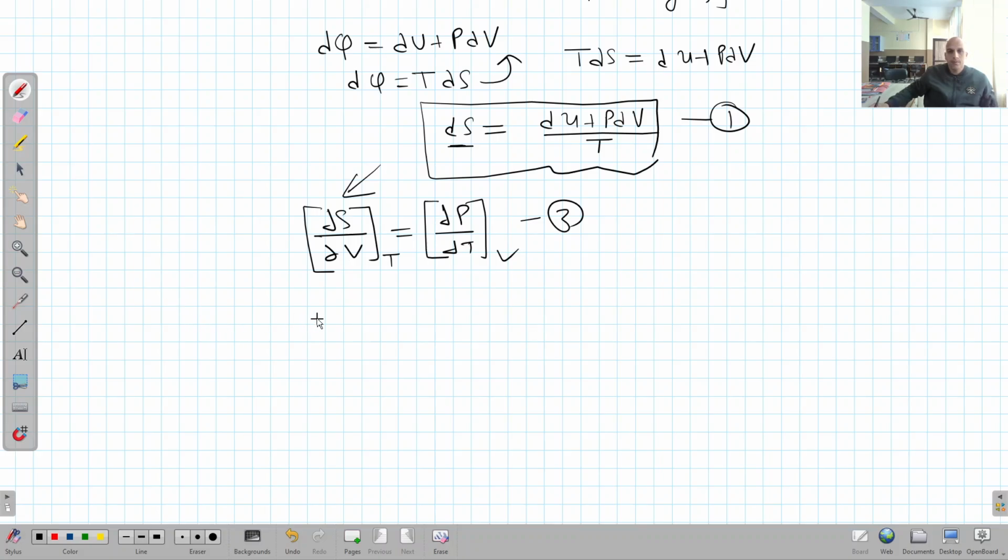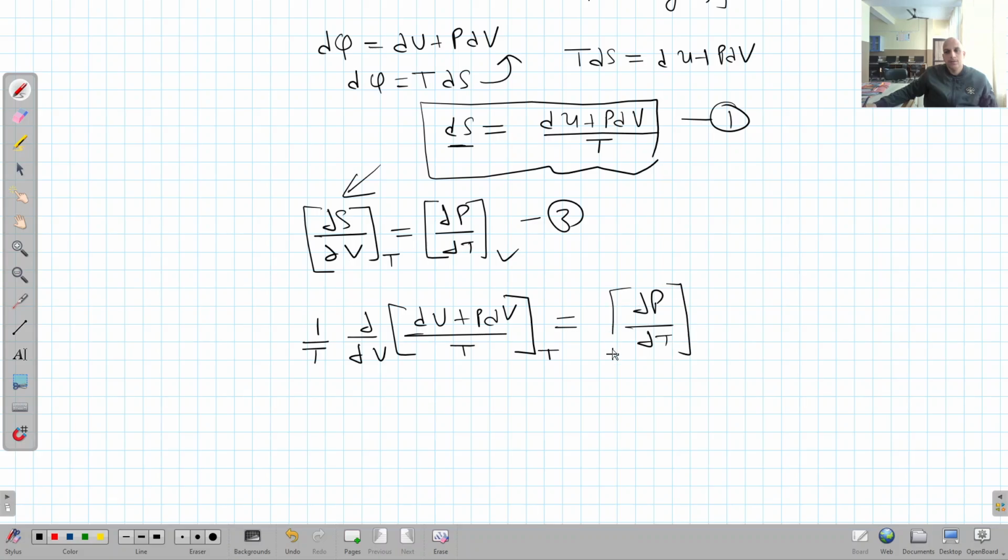It will become 1 upon T, which I'm taking outside because the temperature is constant, times ∂ upon ∂V of (du plus pdv) at constant temperature, equal to (∂P/∂T) at constant volume.